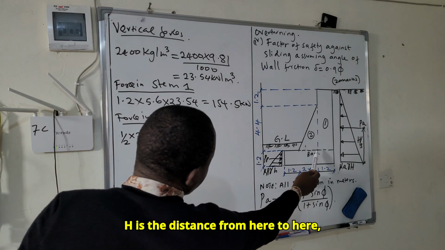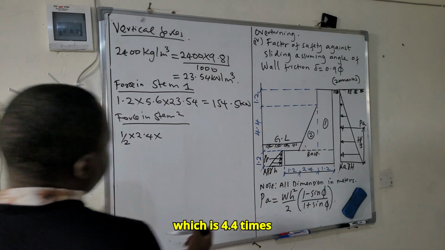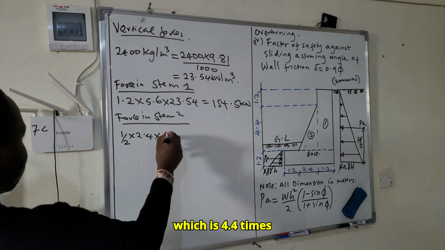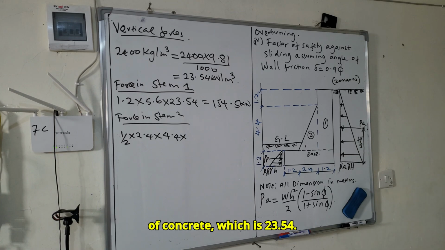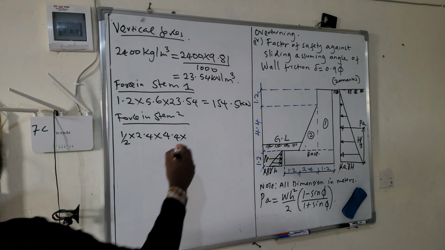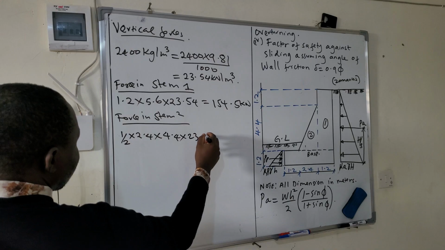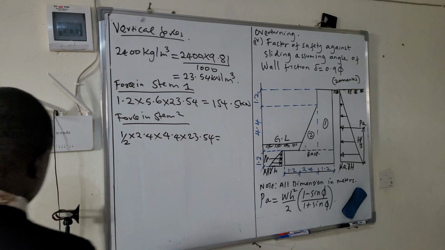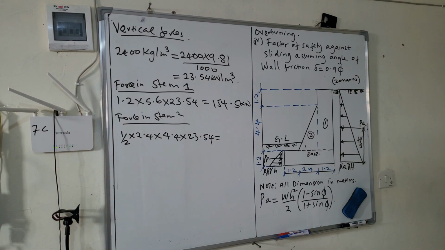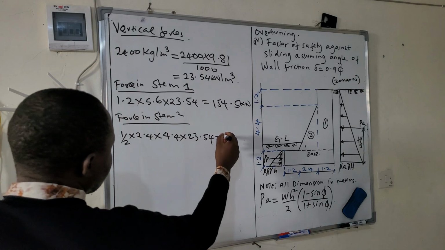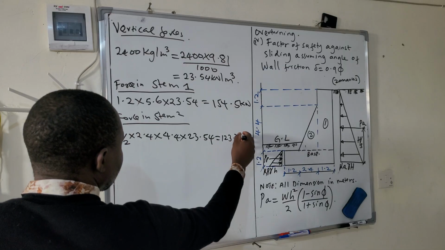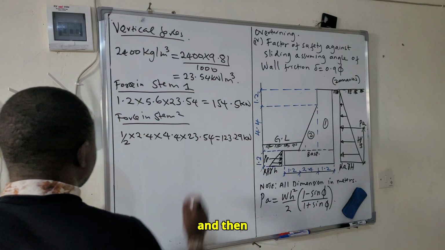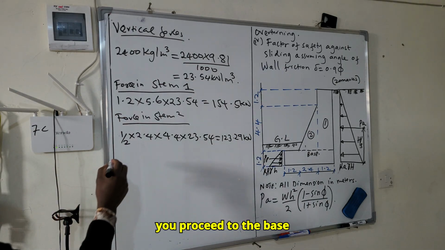H is this distance from here to here, which is 4.4. Then times the unit weight of concrete, 23.54. So you will get 123.29 kilonewton.